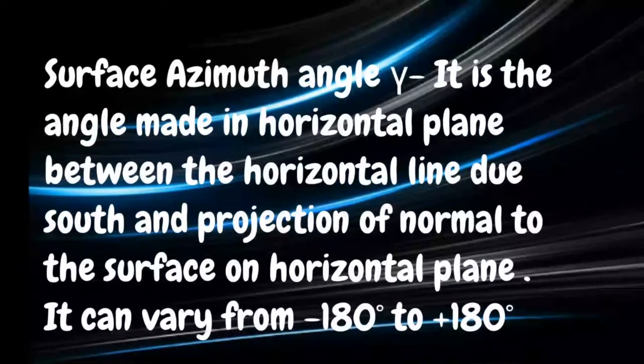Now we will move to the next term, the surface azimuth angle, and the notation is gamma. So what is the definition? It is the angle made in the horizontal plane between the horizontal line due south and the projection of the normal to the surface on the horizontal plane. It can vary from minus 180 degrees to plus 180 degrees. Now we will understand this concept with the help of the diagram.